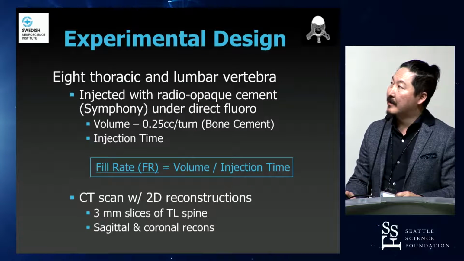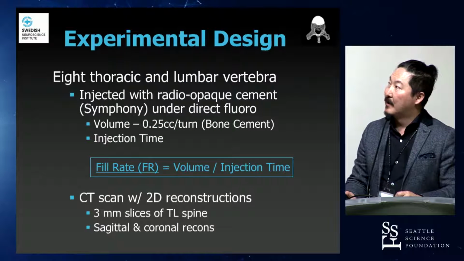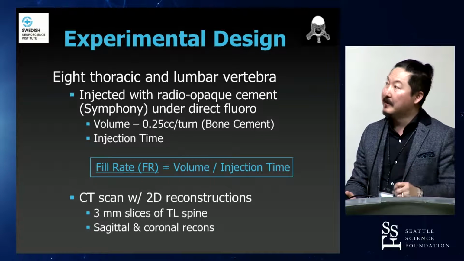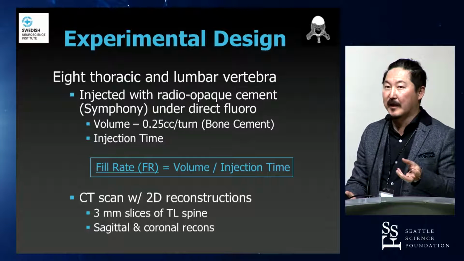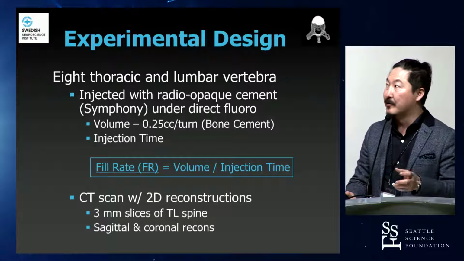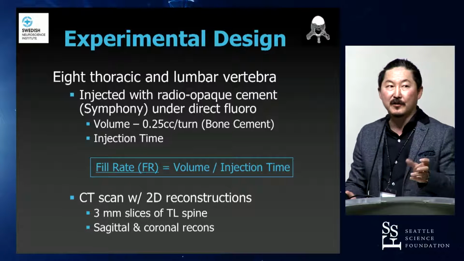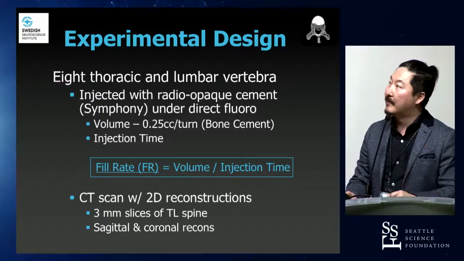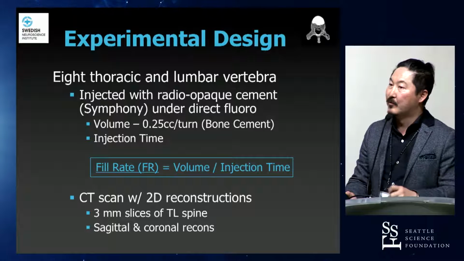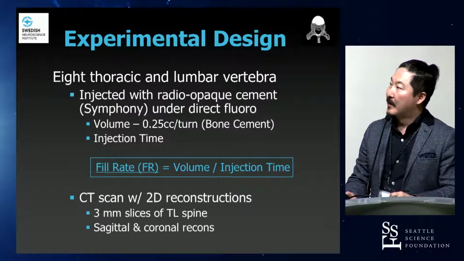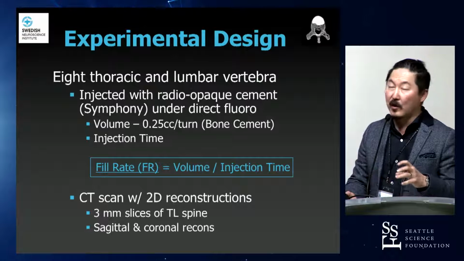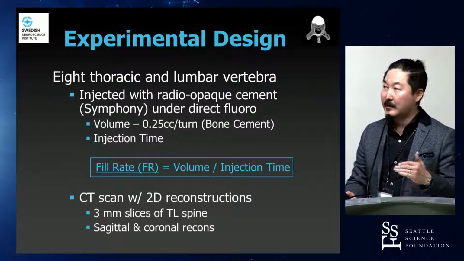So we took a look at thoracic and lumbar vertebrae. We injected them with this radiopaque cement that you could actually deliver at a consistent volume over time. Every turn, we would introduce 0.25 cc's, and then we measured the injection time. So what we looked at was the volume of the cement delivered divided by the time.